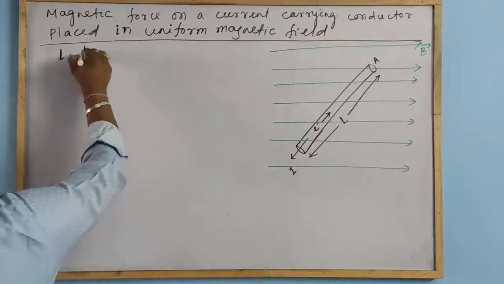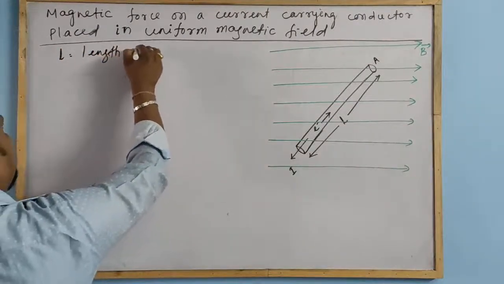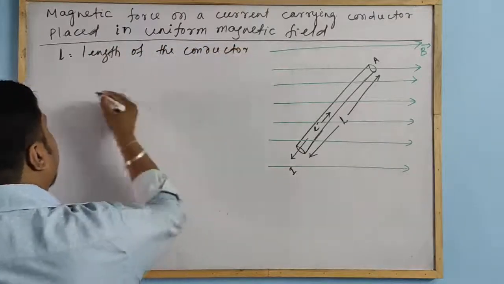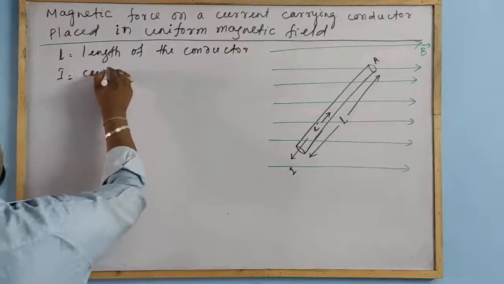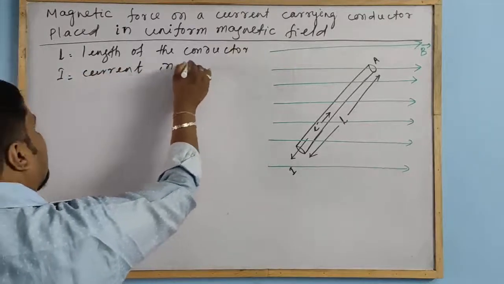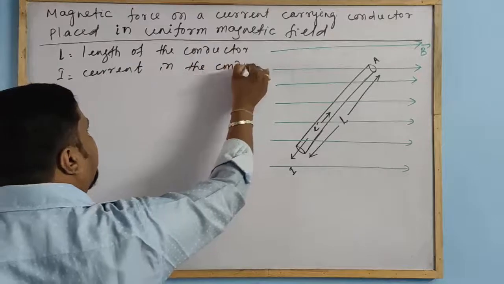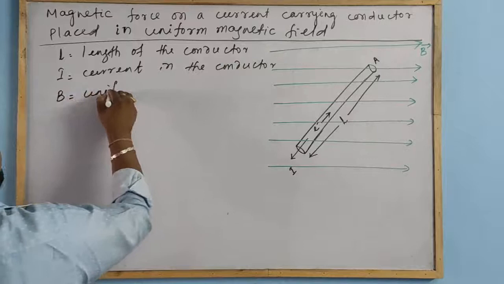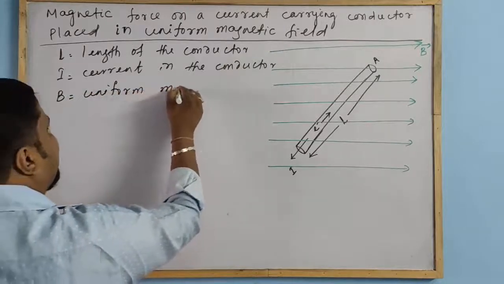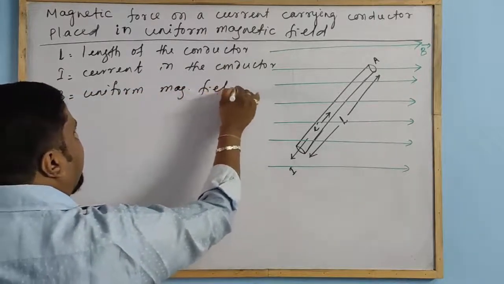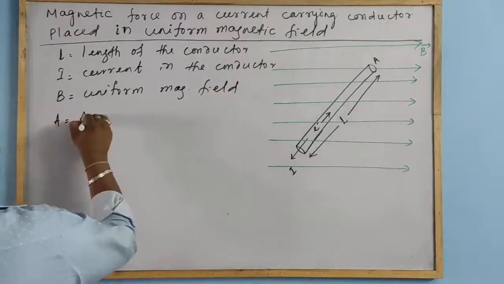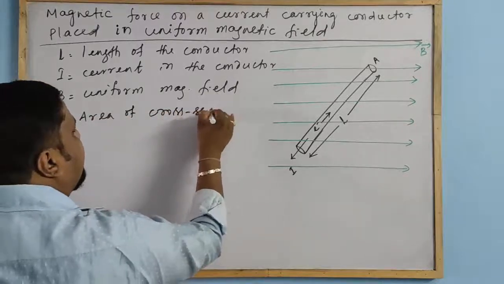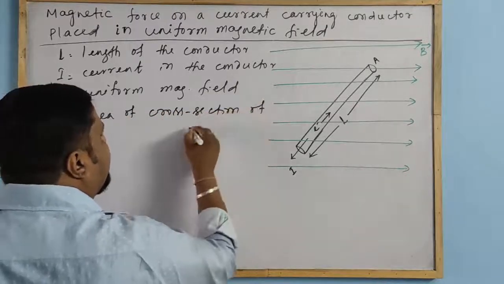Now what I have considered here: L is the length of the conductor, I is the current in the conductor, B is the uniform magnetic field, and A is the area of cross section of the conductor.